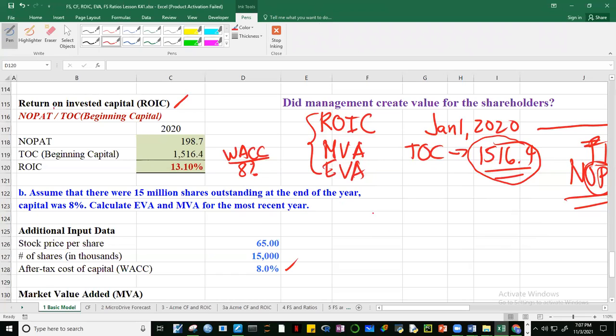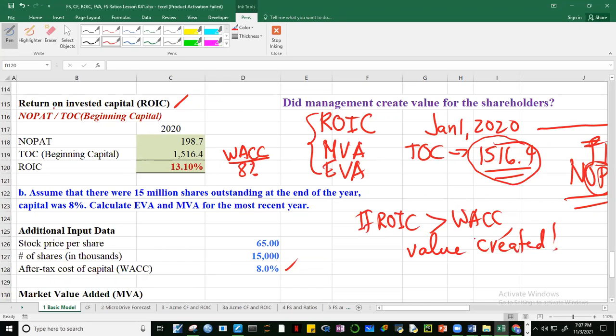So our decision rule is if the ROIC is greater than the weighted average cost of capital, then value was created. Okay, so we have here 13.10. That's our ROIC. It's greater than 8%. Therefore, management was able to create value for the shareholders based on the computation of ROIC.